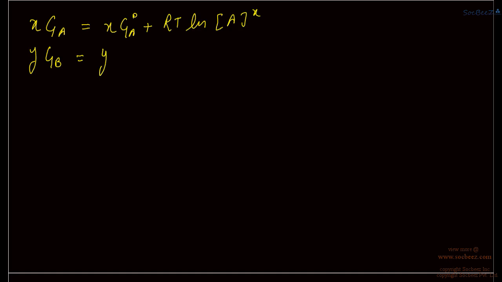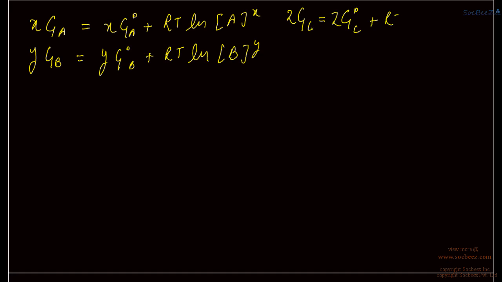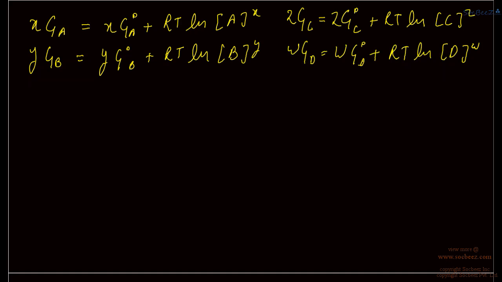Similarly, y into G_B equals y into G naught B plus RT ln concentration of B to the power y. z into G_C equals z into G naught C plus RT ln C to the power z, and w into G_D equals w into G naught D plus RT ln D to the power w.